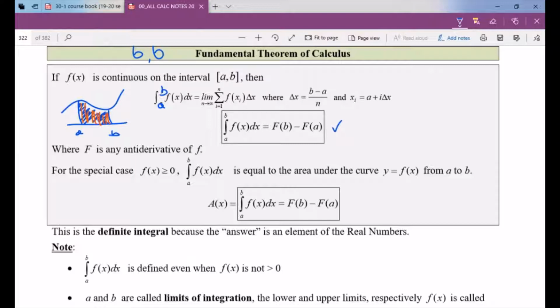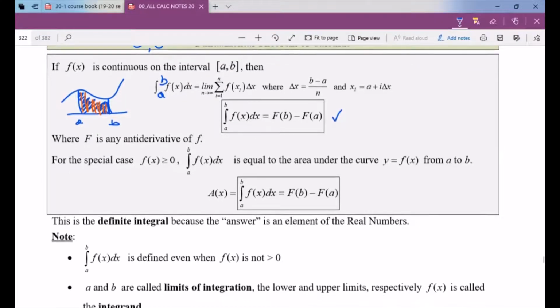So it's telling us that if we take the antiderivative, evaluate that at b, take the antiderivative, evaluate that at a, and we subtract those values, the difference between those values will give us this sum. And we kind of saw that at the end of that last section. But here is this as a definition.